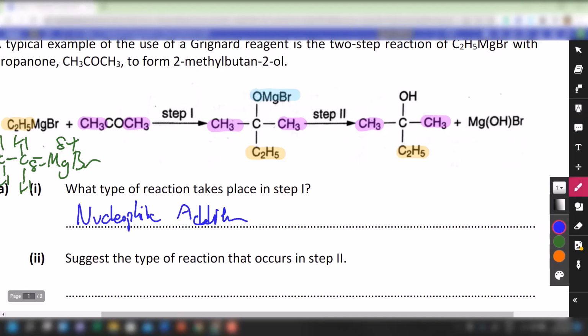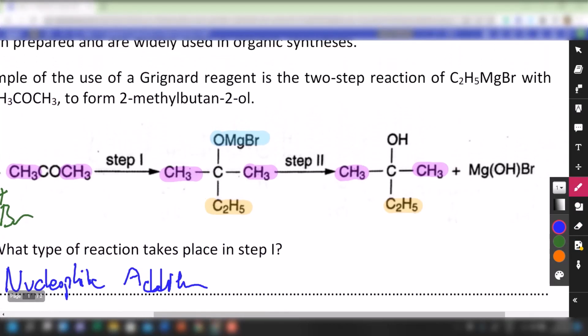You can have different perspectives on this. It can be viewed as simply an oxygen sigma bonded to MgBr. If it's sigma bonded to MgBr, it should be quite obvious that the O will take on a partial negative charge, and the Mg will have a partial positive charge.